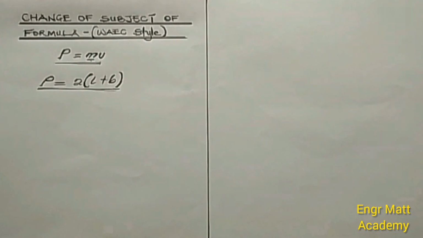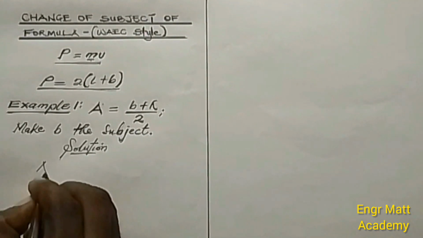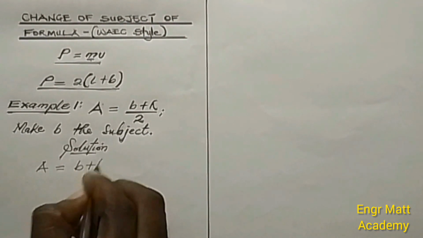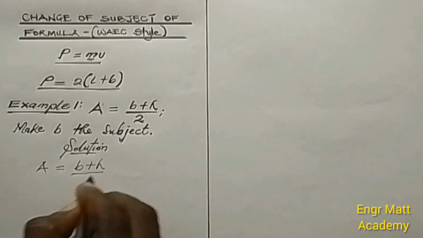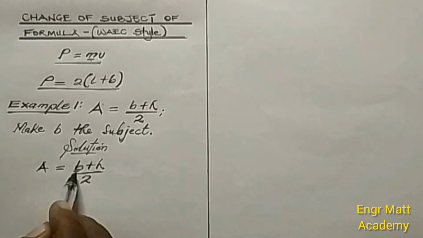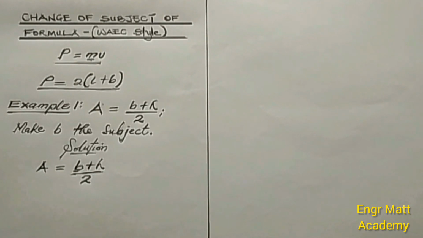So let's begin. Example 1 has A equals B plus H all over 2, and our task is to make B the subject of this equation. Remember, before you do anything, ask yourself, what operations are going on here?